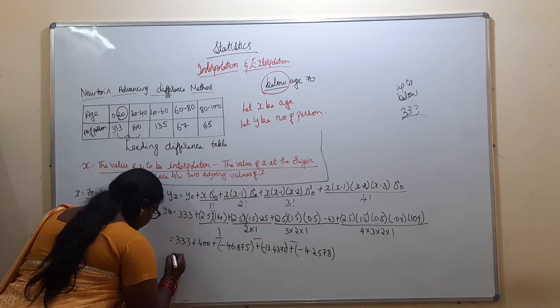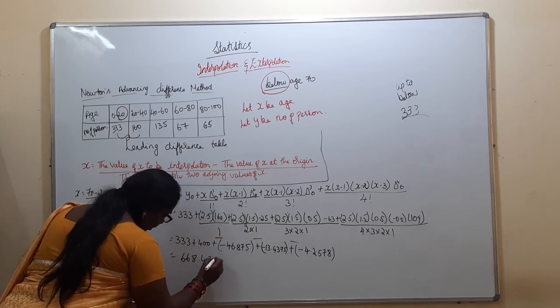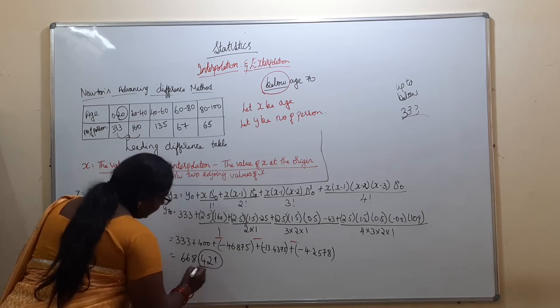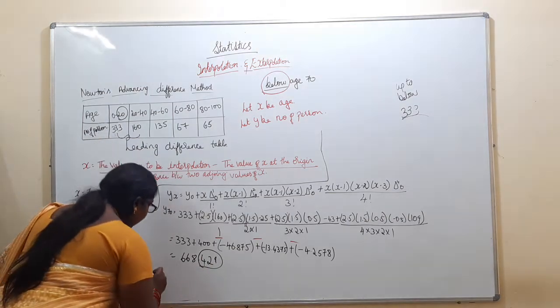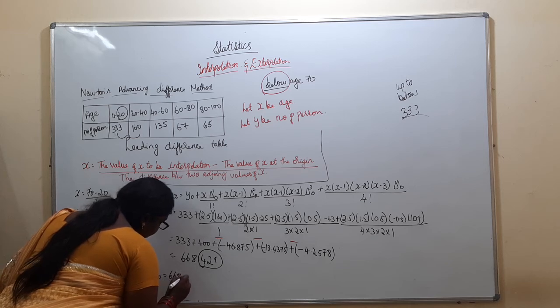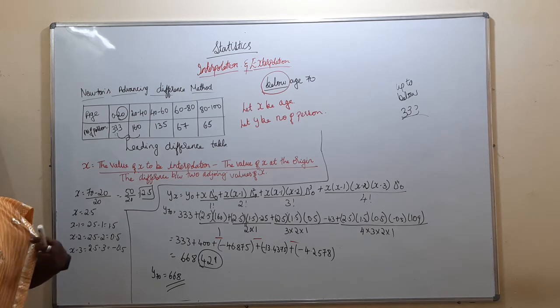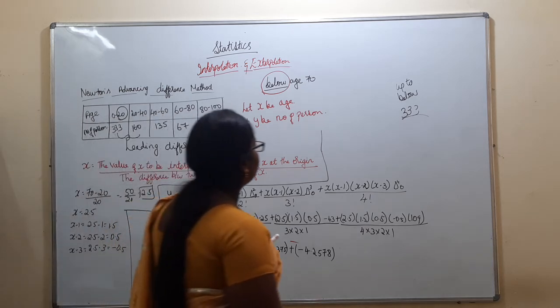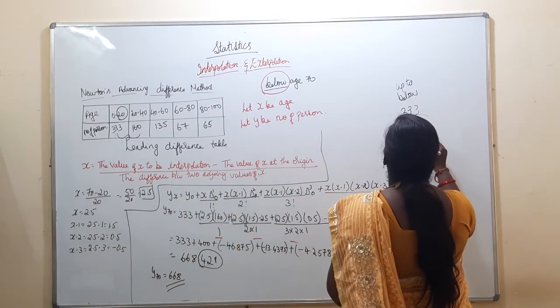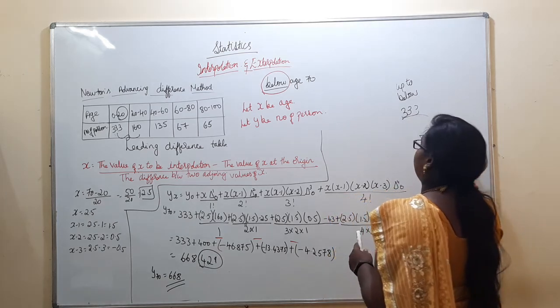I'll get here 668.429. The 0.429 decimal is lesser than 5, so I will take y70 is equal to 668 out of 760. I will get 668.